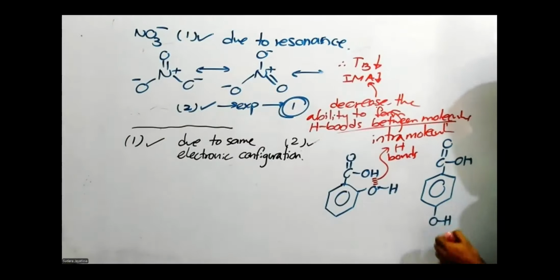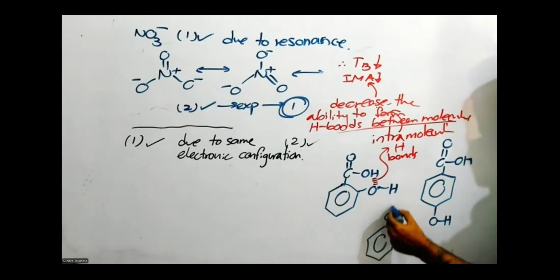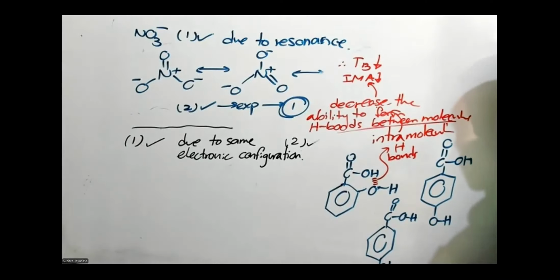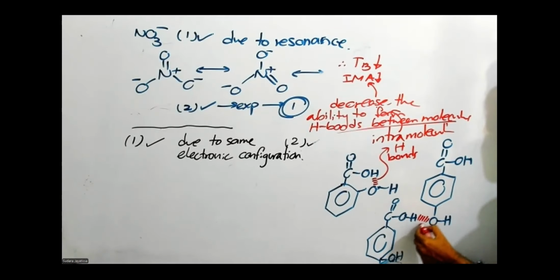But if you take this molecule, these two groups are opposite to each other. So there is a greater chance of making hydrogen bonds with a different molecule than with the same molecule. So here, these hydrogen bonds are called intermolecular H bonds. So that's better. Therefore, boiling point is higher.